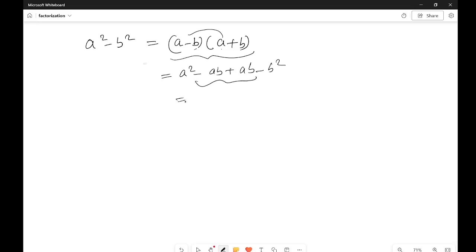These two things cancel out, so a square minus b square. So this is the formula that we have proved here as well. a square minus b square is equal to a minus b into a plus b. Trust me, this formula will be used a lot in factorization. And you need to learn to identify this formula as well.